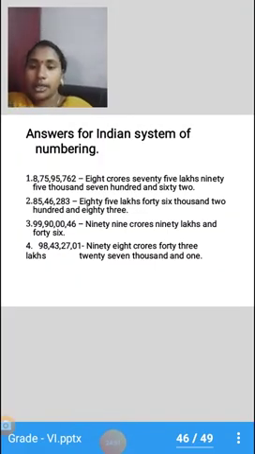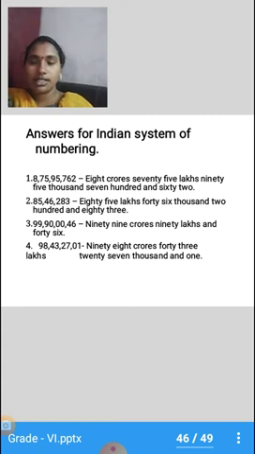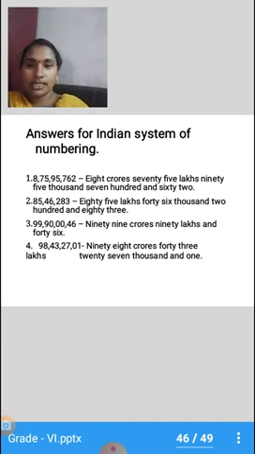The first number is 8, 7, 5, 9, 5, 7, 6, 2. So, how will you differentiate this number in the Indian system? 2 will come in ones place, 6 in the tens place, and 7 in hundreds place. 5 will be in thousands place, 9 in 10,000s place. 5 again will go in lakhs place, 7 in 10 lakhs. 8 will go in crores.